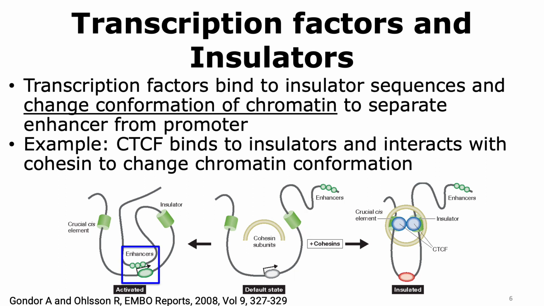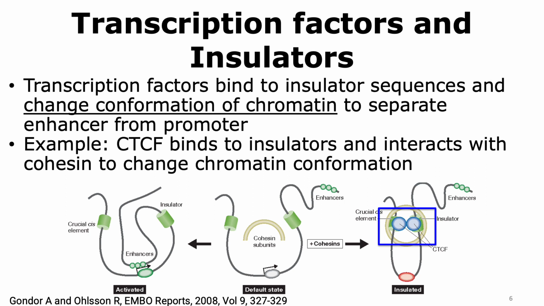Now, when the gene is activated, that normally happens when there are no proteins bound to the insulator, but there are proteins or transcription factors bound to the enhancer and the promoter, and this causes the transcription of the gene. Now let's look at the rightmost one, where we have a transcription factor, CTCF for example, that has bound to the insulator sequence.